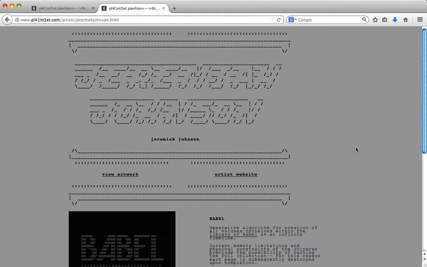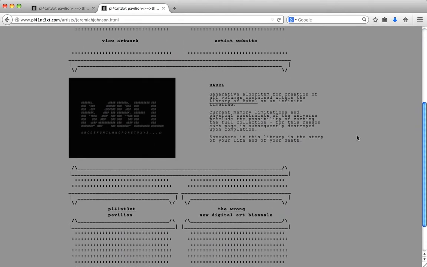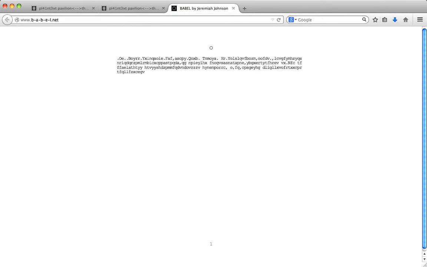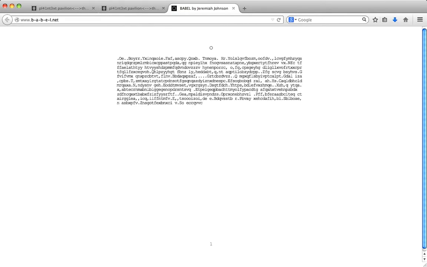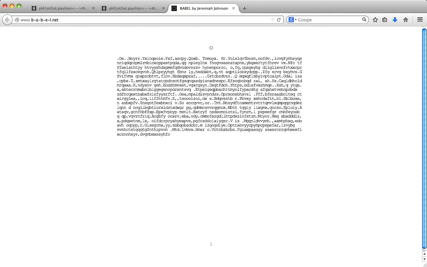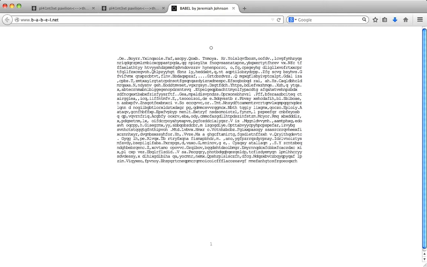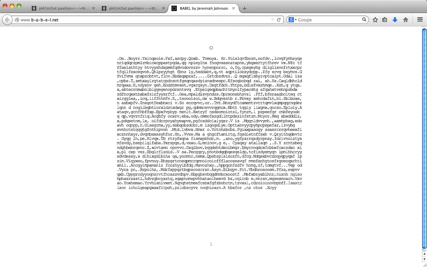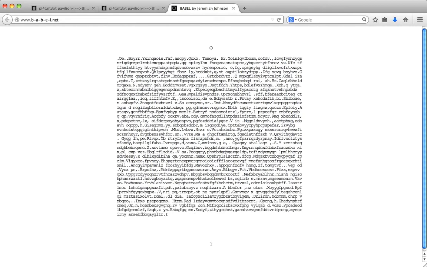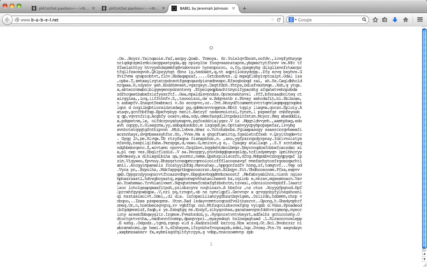I also really liked Jeremiah's Library of Babel page, which I think is modeled after the Jorge Luis Borges story, The Library of Babel, where every book, or every combination of every character in every language, is contained within this library.